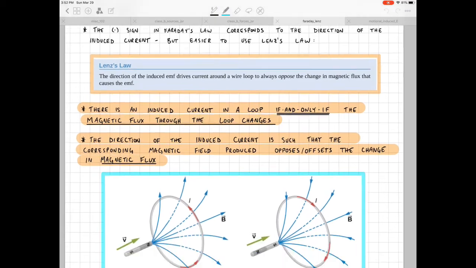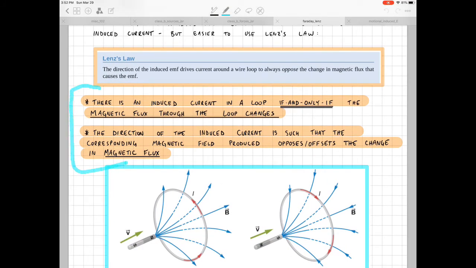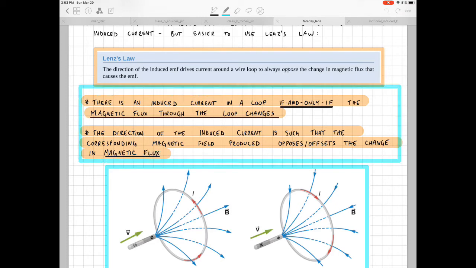And so these two statements are the essence of Lenz's law, and this is typically how I approach a problem. First I check to see, is the magnetic flux through the loop changing? If the answer to that is yes, then there must be an induced current. Or conversely, if there's an induced current, then I automatically know that there must be a change in the magnetic flux through the loop. So that's step one.